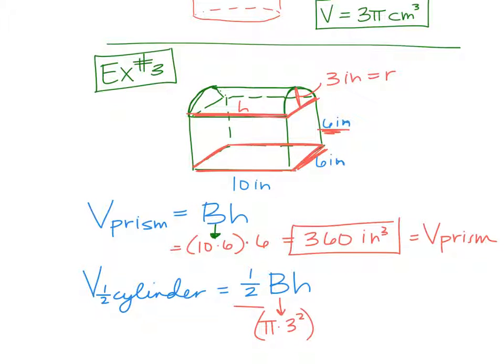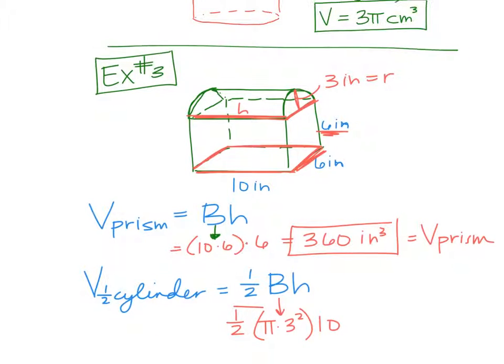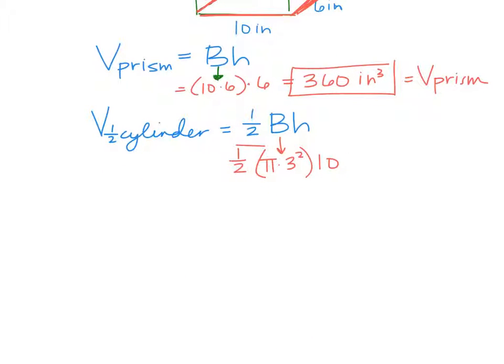This is your H. So you're doing, don't forget that 1/2 out in front, 1/2 times pi times 3 squared times 10. If you simplify that, 1/2 times 9 times 10 is 45. And then you can attach your pi, cubic inches. So that's the volume of the half cylinder.